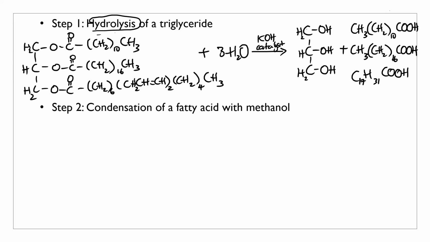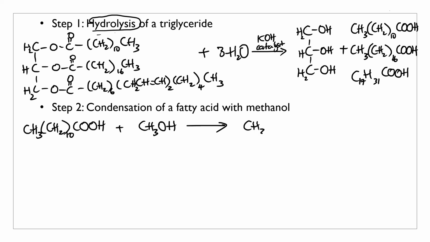So I'm going to do this 3 times. The first molecule is for this acid, and I'm just going to react it with methanol. So you basically have a hydrolysis, you break an ester, and then you form another one.